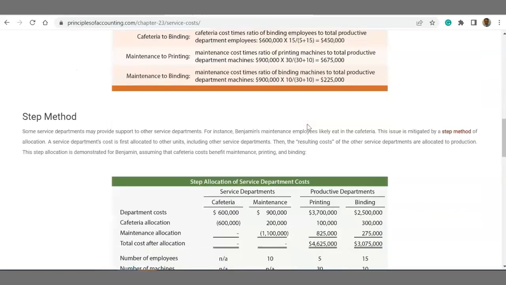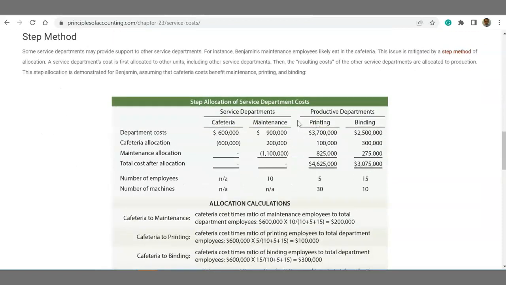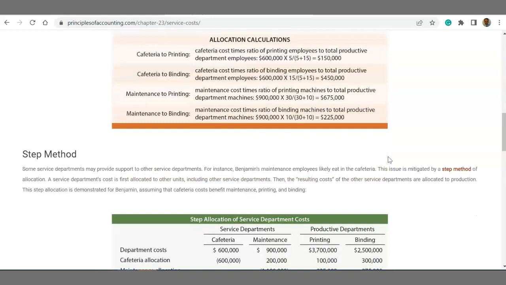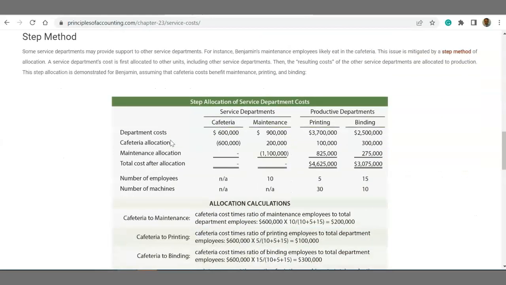But we have also step method. You have to choose which one you want to do, because there are some differences. You might say, oh, this way, it's not fair. Let's do it step method. Okay, in step method, which sometimes you can justify, you can say, okay, wait a moment.